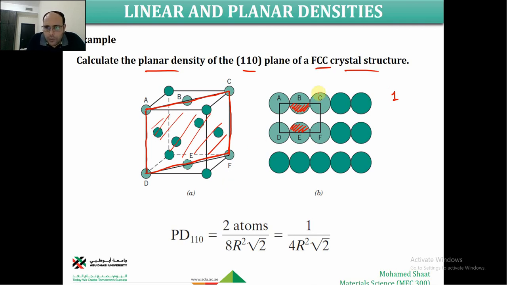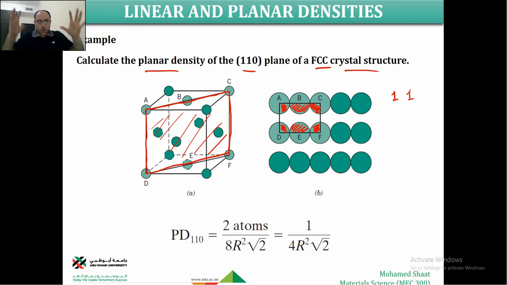How about this atom? Is the entire atom located inside the plane? No, only a quarter of the atom. This quarter of the atom is the only thing that is located inside, and the other 3/4 are outside the plane. The same thing for this atom, only a quarter of this atom, only a quarter of this atom F, only a quarter of this atom D. So 4/4 gives one more atom entirely, in total.